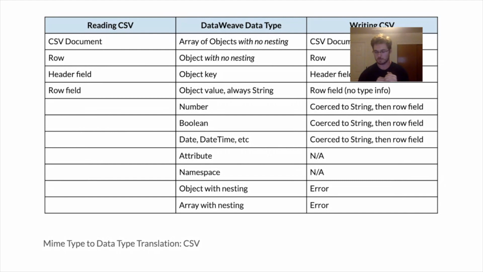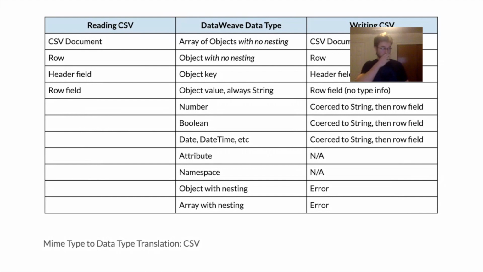Between JSON, CSV, and XML, JSON is the only one that really explicitly supports any kind of type information. So in JSON, we clearly have strings, numbers, and booleans. But in CSV, it's just a field. There's no real concept of string, numbers, and booleans. They're just fields.